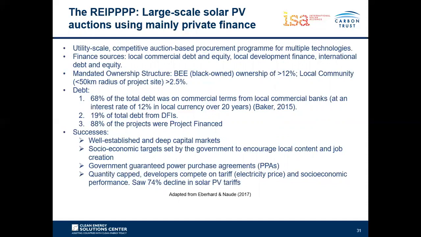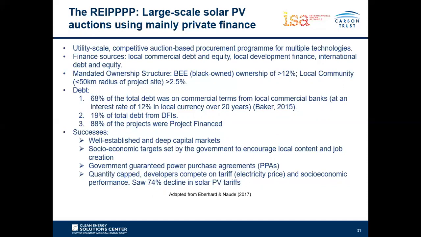South Africa was fortunate in that it had a well-established and deep capital market that could supply finance for these projects, and they didn't have to rely on concessional or grant funding to get these projects underway. And the interest rate that was charged was about 12% in local currency, which is seen as quite low and quite affordable, and is a testimony to the success of the program to date.